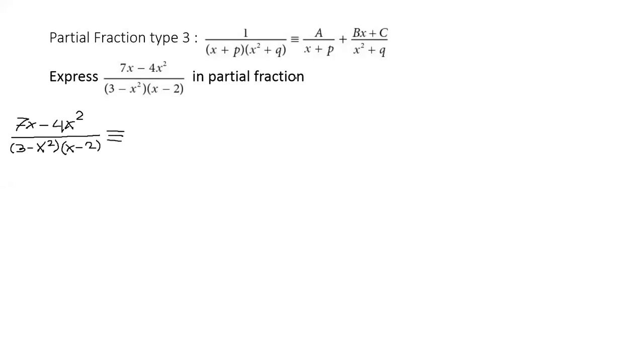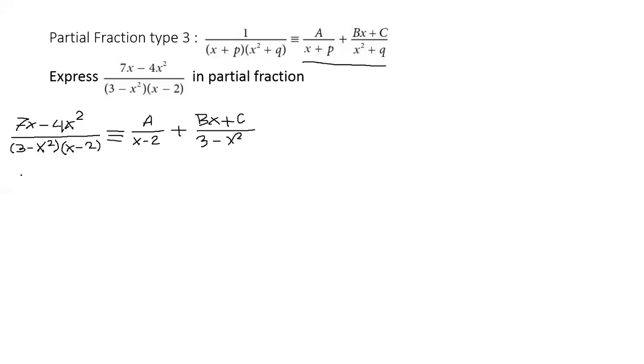According to this rule, it is identical to a over x minus 2, plus bx plus c over 3 minus x squared.